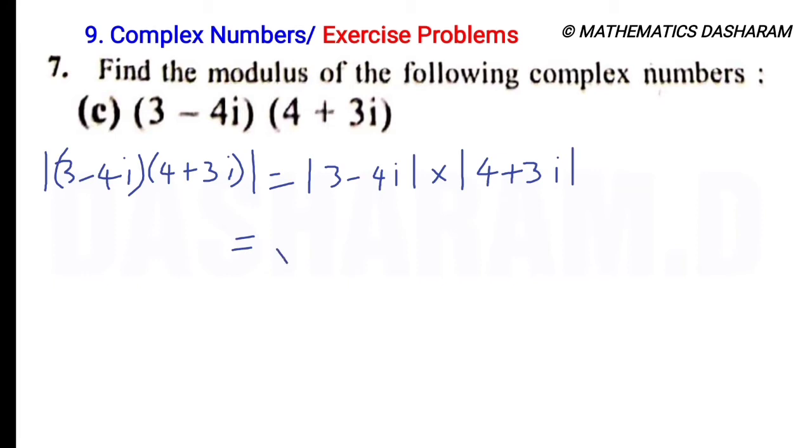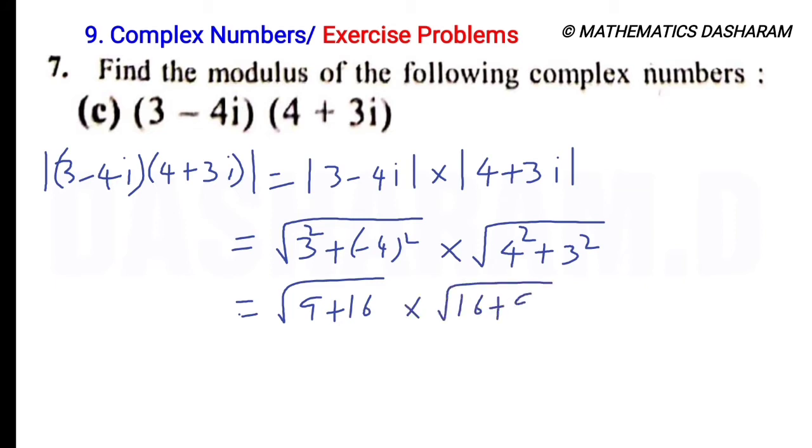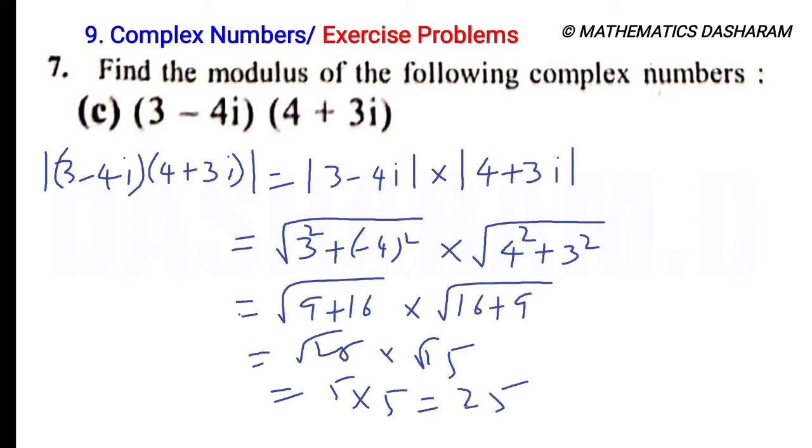So it is equal to under root 3 square plus minus 4 whole square into under root 4 square plus 3 square. 3 square is 9, 4 square is 16. Here also the same, 4 square 16, 3 square 9. So root 25 into root 25, so 5 into 5 is equal to 25.